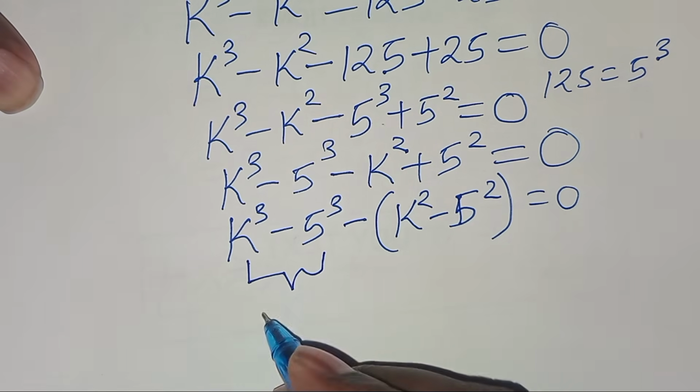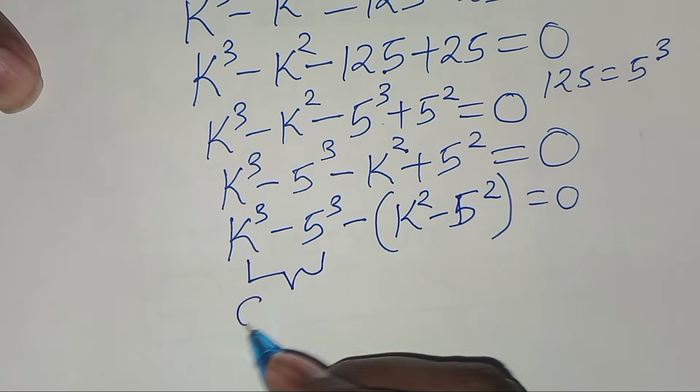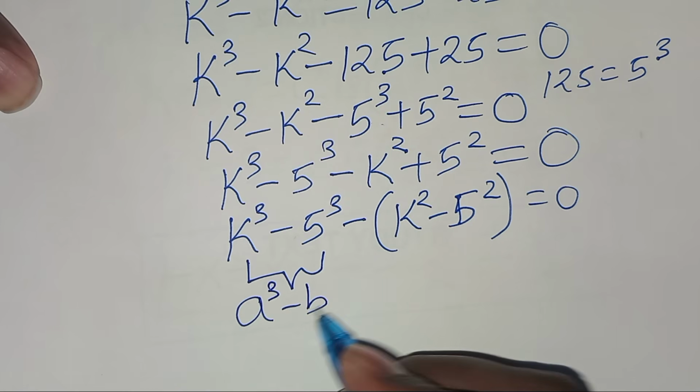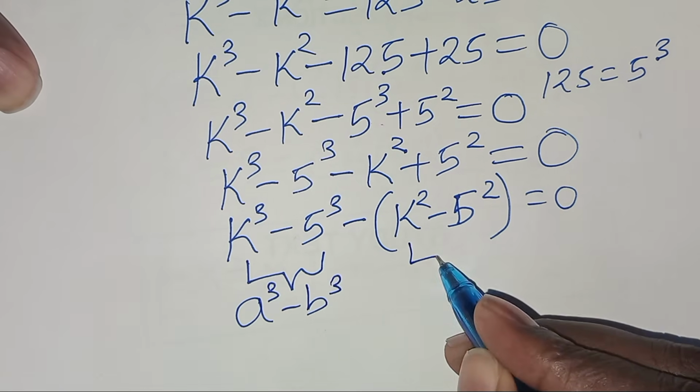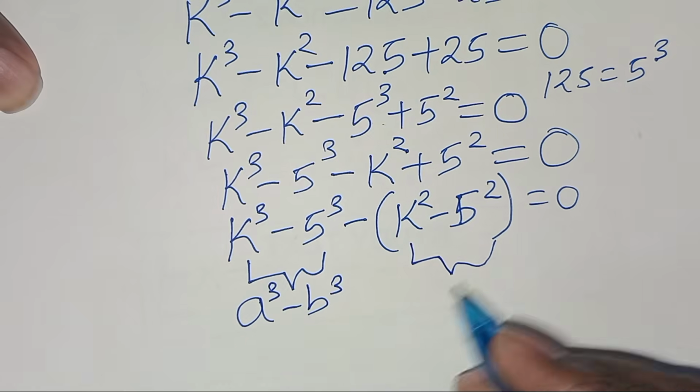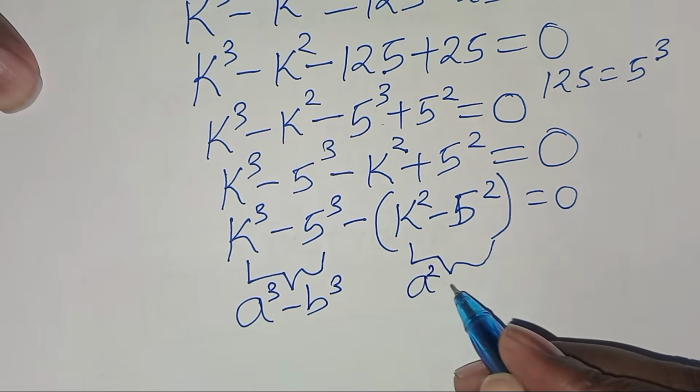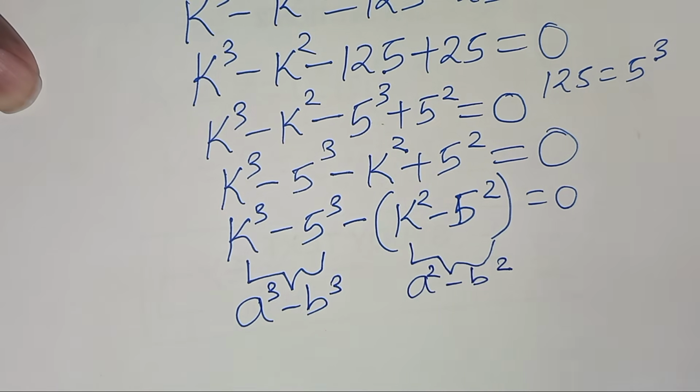The first part is the difference of two cubes expressed as a cubed minus b cubed. And the second part is the difference of two squares expressed as a squared minus b squared.